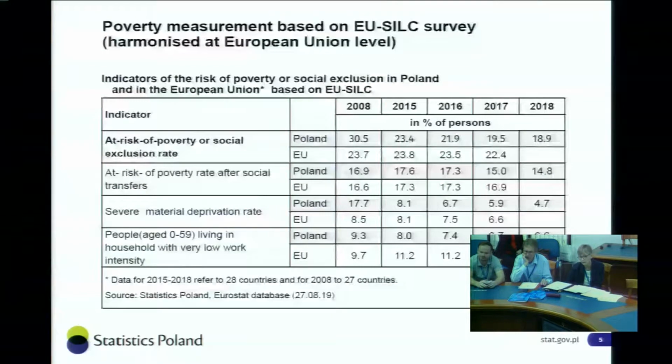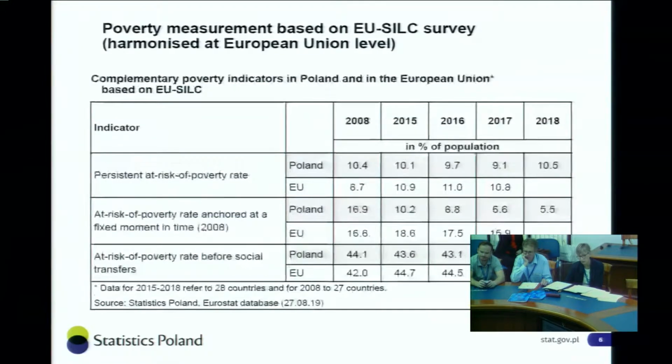In the case of all the mentioned indicators, these values were lower than the average for all EU member states. Much lower than the EU average was also the at-risk-of-poverty rate at a fixed moment in time. It amounted to 6%. It means that in comparison with 2008, there was a clear improvement in the income situation in Poland.